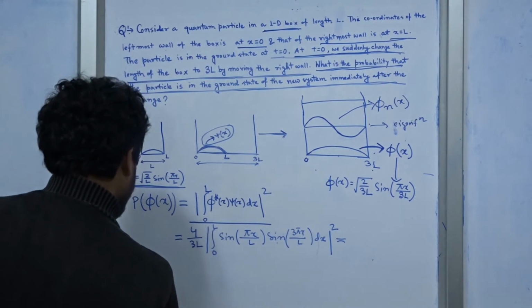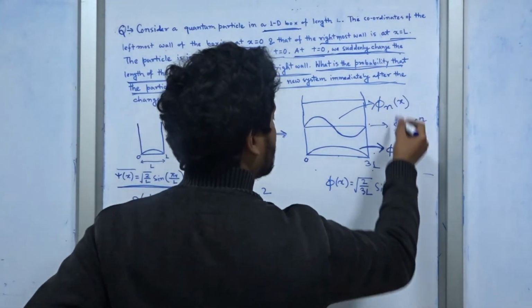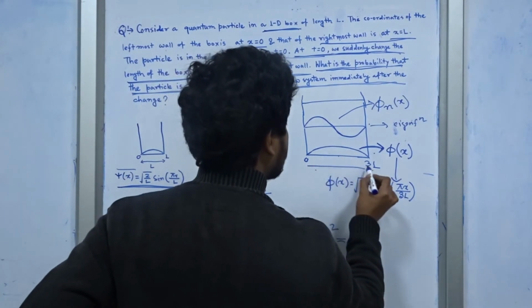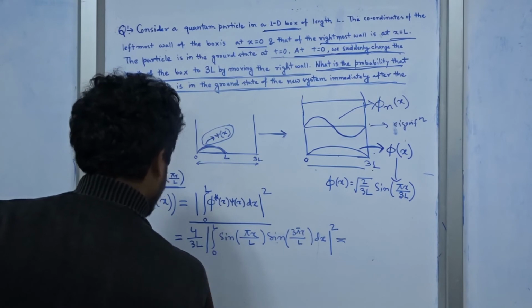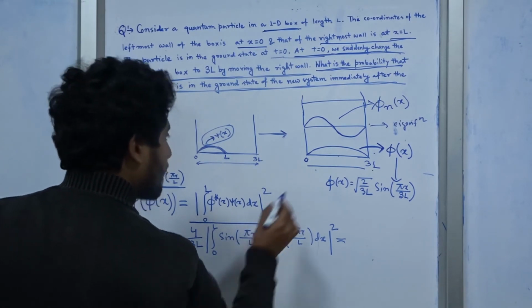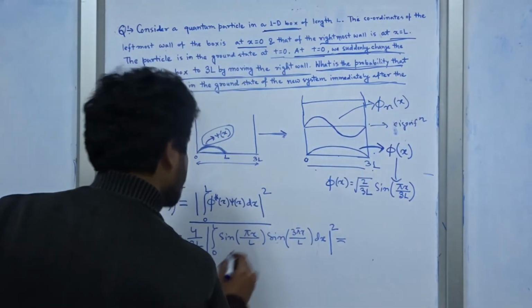So I can always write this psi of x, my original one, and these are the phi n. These are the orthogonal modes, or the wave functions, or the eigenfunctions of this box which is going from 0 to 3L. So I can always write psi of x in the basis of these eigenfunctions phi n of x.